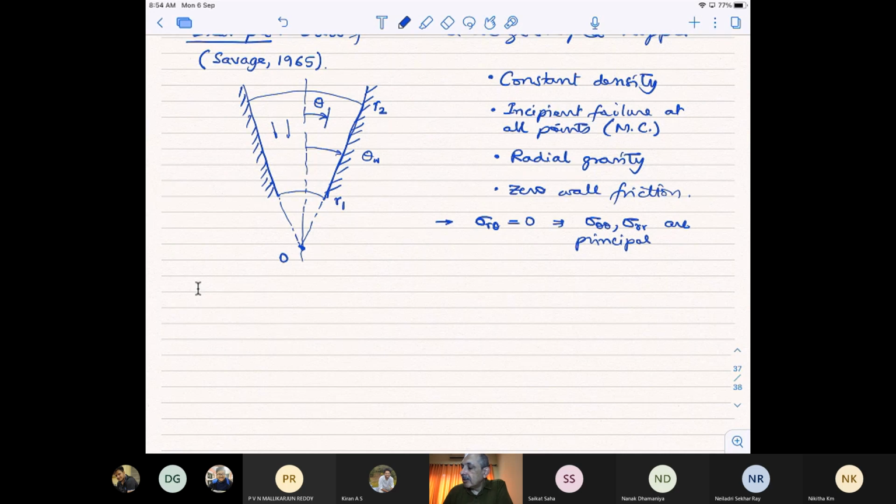So that is a great simplification. Why is sigma r theta 0? Because there is zero wall friction, so there is no shearing motion. This is very much like what we did for the Rankine problem, where there was no sigma xy, and so sigma xx and sigma yy were the principal stresses.